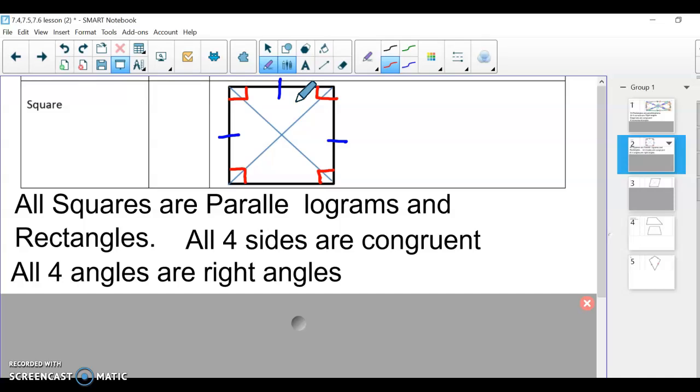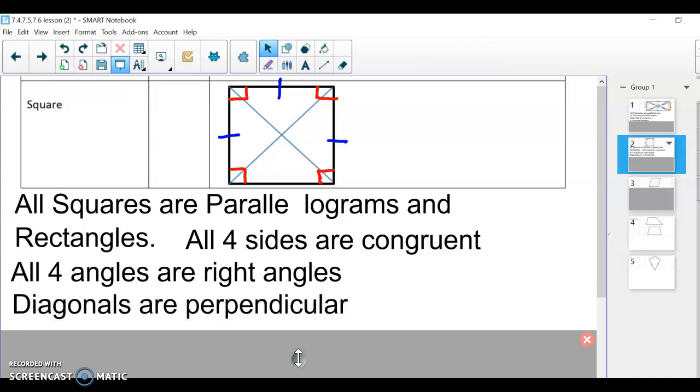Let's see what else we got here. Slide that guy down. It says the diagonals are perpendicular. Perpendicular means they make right angles. So what that means is that right here in the middle, this would be 90, this would be 90, this would be 90, and this would be 90.